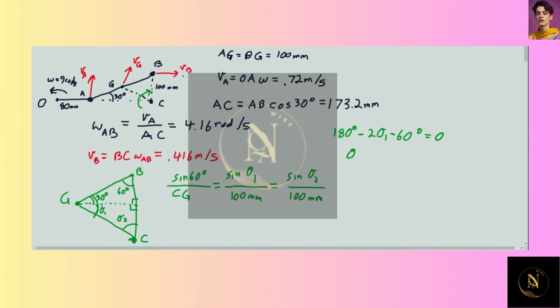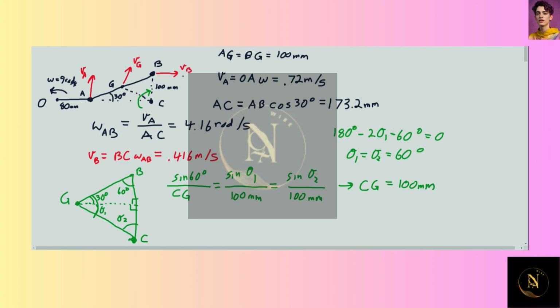So that implies that theta 1 equals theta 2, which is just 60 degrees. If those angles are all the same, then the lengths are all the same. So then CG must be that 100 millimeters as well.